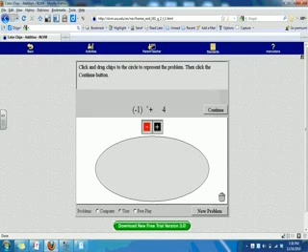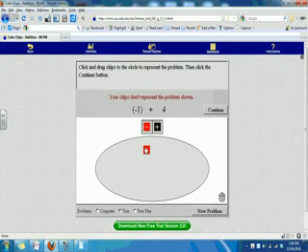Okay, so before I actually model this, I want you to think: we've only got 1 negative chip and we have 4 positive chips. So one of these 4 positive chips will pair up with this 1 negative chip. And then how many will we have left over?